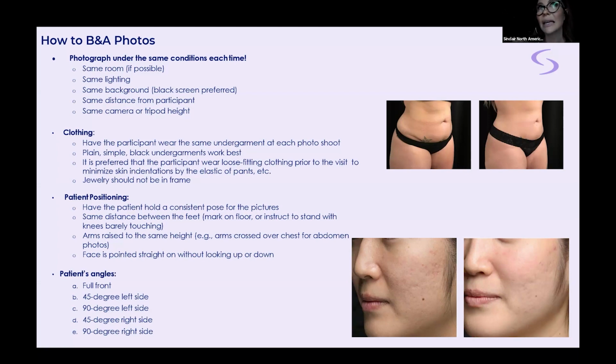And if you're doing women's health and labia treatments, that can be up to the patient's discretion. Absolutely, that's not a must. But if they allow it, you're probably not going to be able to take the before and after photo in the same way. You have this great setup and then it's like, what do I do here? So it will be with them laying on the bed, comfortable, and that's okay.